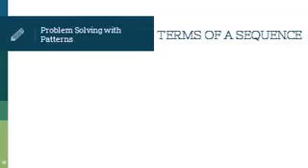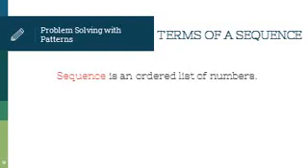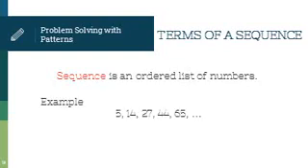Now let's proceed with problem solving with patterns. Okay, a sequence is an ordered list of numbers. Example, 5, 14, 27, 44, 65. So, ang kailangan nyo gawin dyan is alamin nyo yung rule o yung kanilang patterns para malaman ninyo kung ano yung next element.